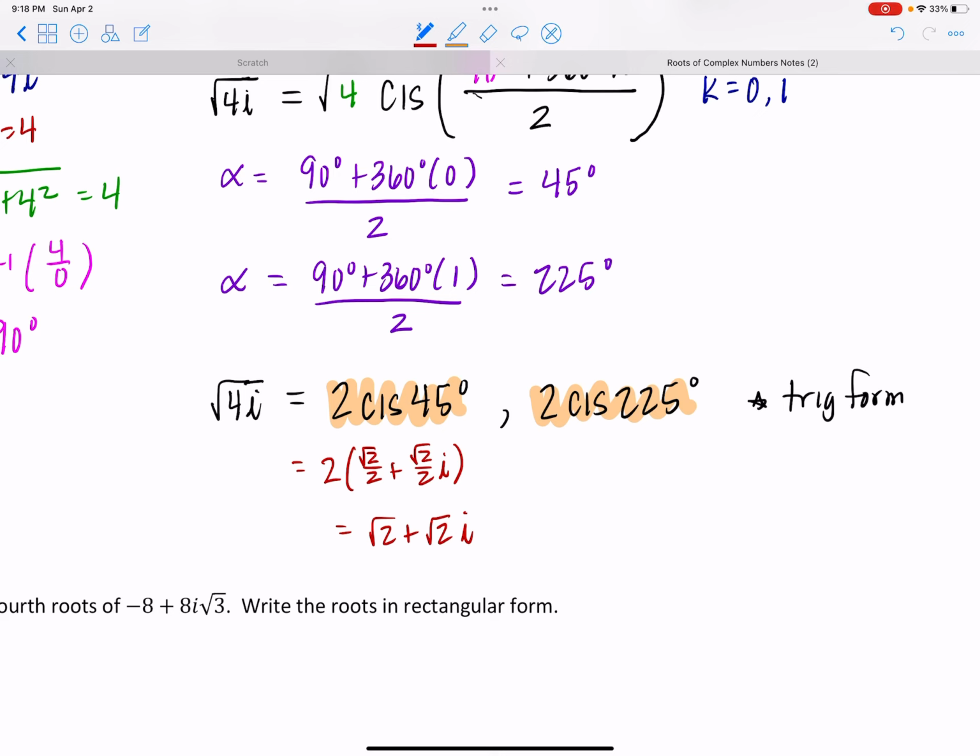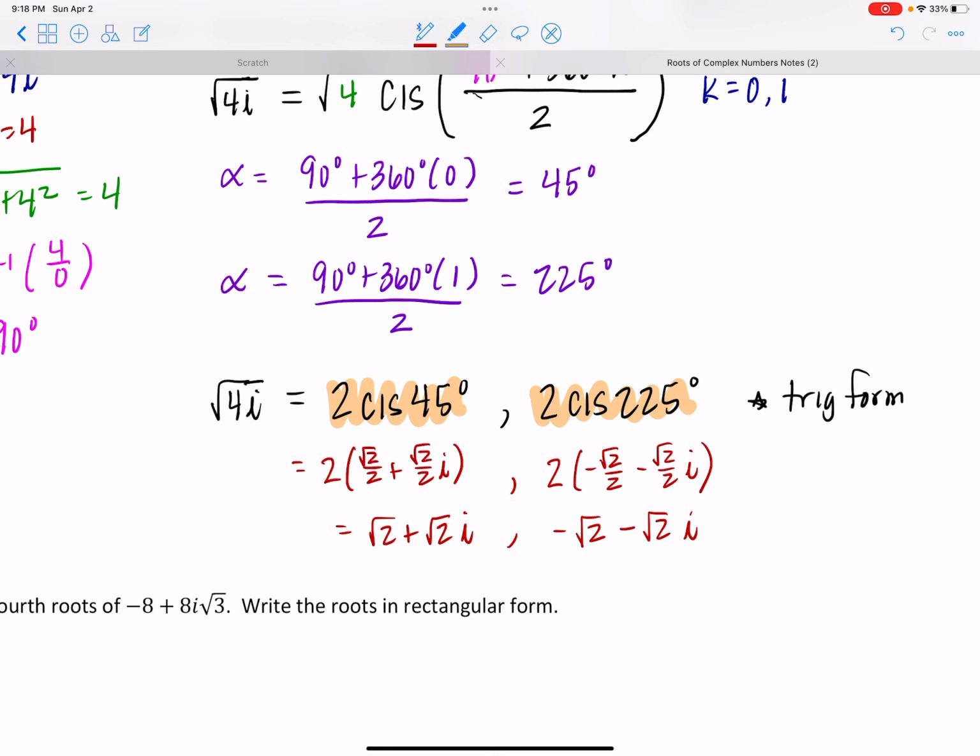Okay, and then the next one would be 2 times the cosine at 225 is going to be a negative radical 2 over 2, and the sine at 225 is also a negative radical 2 over 2. And again, multiplying by 2, we're basically getting the same thing, but we're going to have negatives here. So a negative radical 2, and then a minus radical 2i.